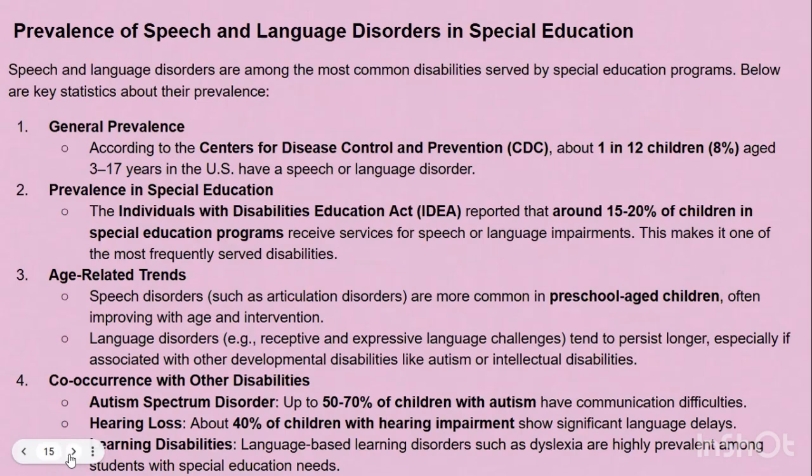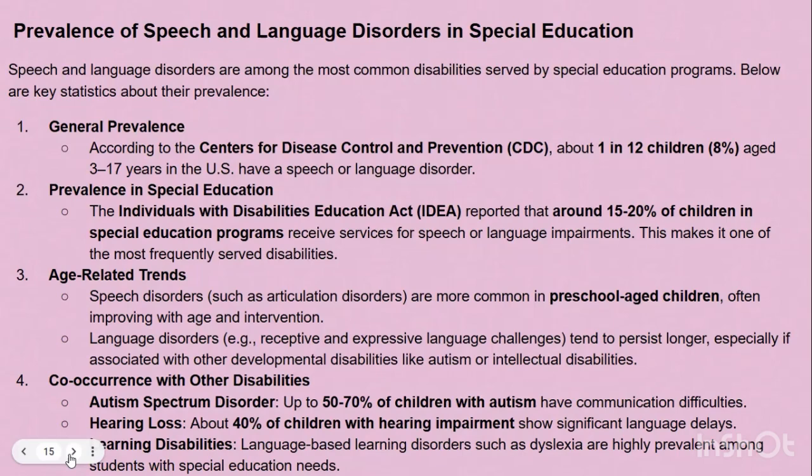Below are key statistics about their prevalence. Number one, general prevalence. According to the Centers for Disease Control and Prevention, CDC, about 1 in every 12 children, roughly 8%, aged 3 to 17 years in the US have a speech and/or language disorder.